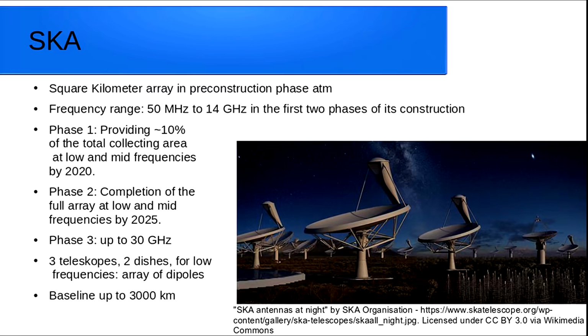Phase 1 shall provide 10% of the total collecting area at low and mid frequencies by 2020, and phase 2 then shall complete the full array at low and mid frequencies by 2025. Phase 3 shall go up to 30 gigahertz.